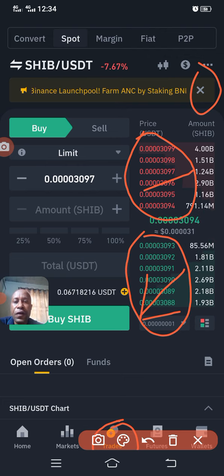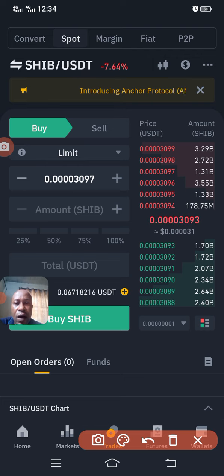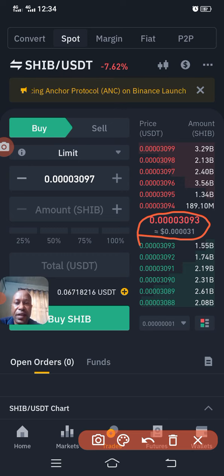Now, let's take for instance, you want to buy Shiba. You know that you don't want to buy at the exact market price. The center you are seeing here is the exact market price. In this Shiba USDT market, they are exchanging Shiba USDT at 0.00003094. You look at it and feel this price is very high for you.